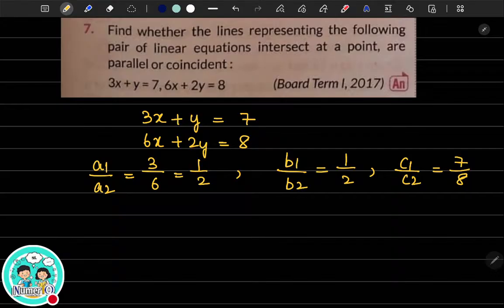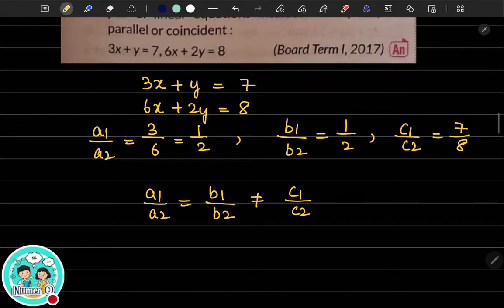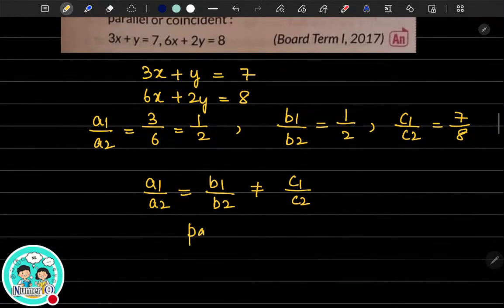Yes, it's very good. You people are really quick. It's a scenario wherein A1 by A2 is equal to B1 by B2, but this is not equal to C1 by C2. Neither the first ratio nor the second is equal to the third ratio. So in that case, the lines are parallel. If the lines are parallel, how many solutions will it have?